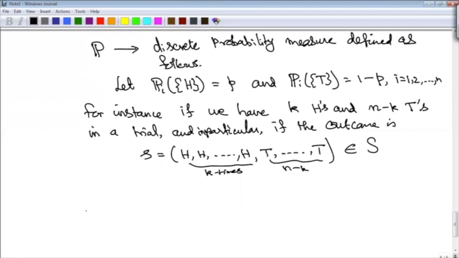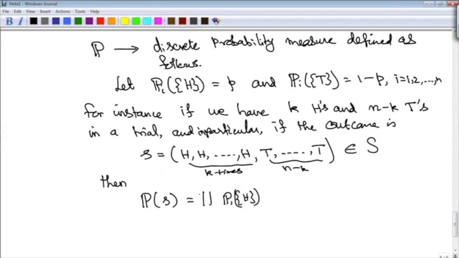In particular, if the outcome is this, then what is the product probability measure of our s? It is nothing but P1 of H, right? It's a product of this. Let me write it like this.